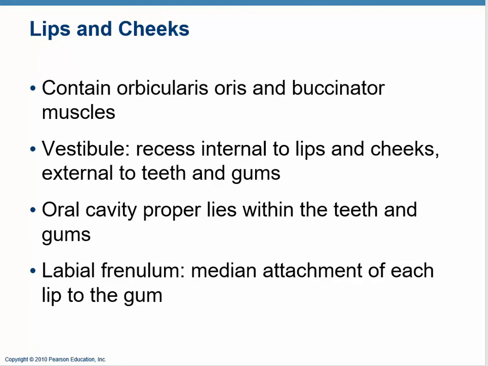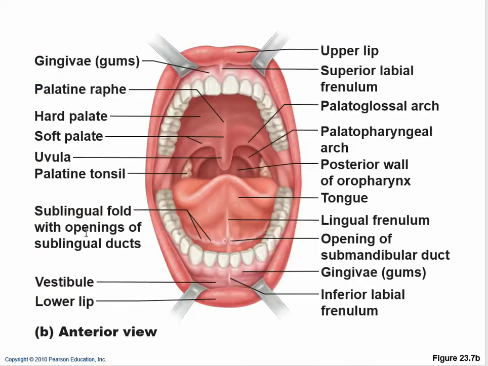Now, a frenulum is where things attach. So the labia are the lips. So the labial frenulum is the attachment of the lips to the gum, kind of all along there. This is called the superior labial frenulum, and this is the inferior labial frenulum.